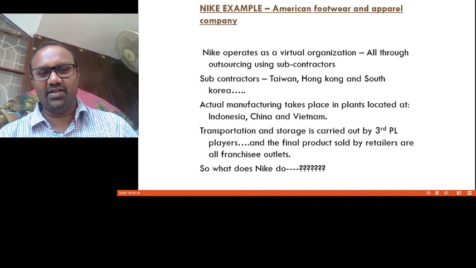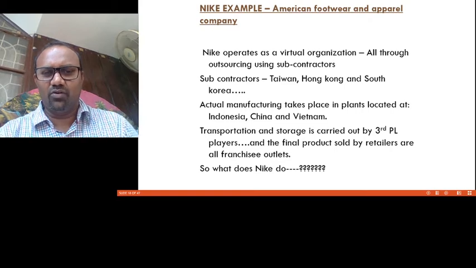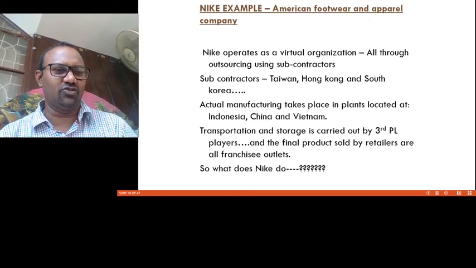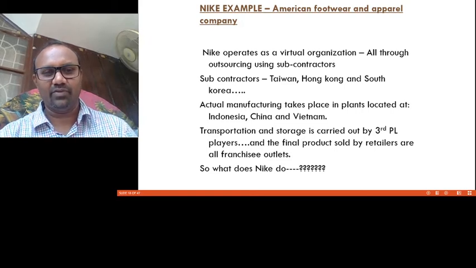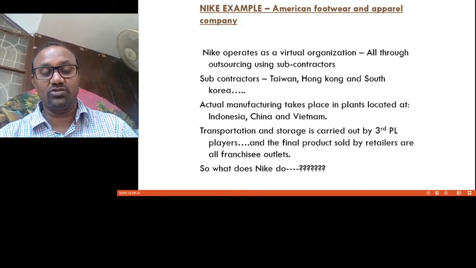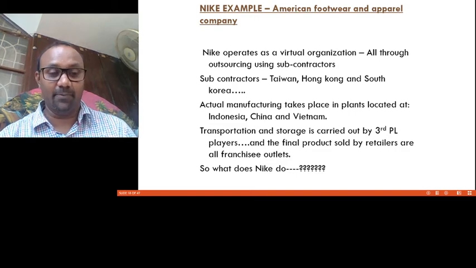So the question here is, if production, procurement, warehousing, transportation, and retailing are all outsourced, what does Nike actually do as a company? If everything is outsourced, what does Nike actually do? So Nike has outsourced all those operations or activities in manufacturing and business that it considers as non-core or non-integral, right?